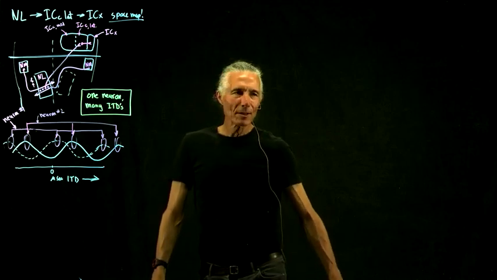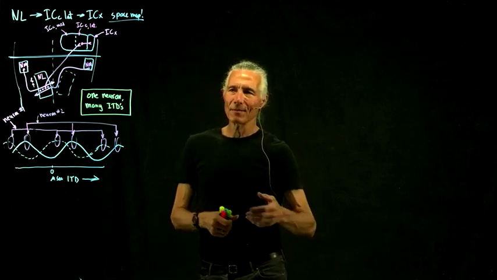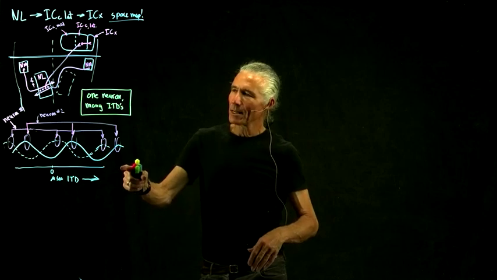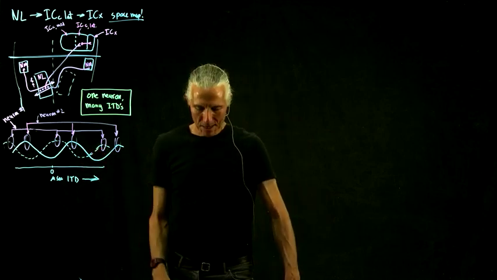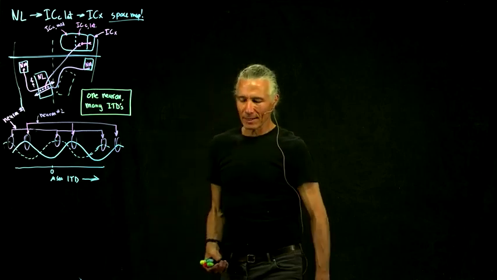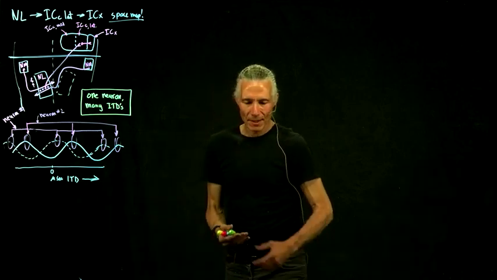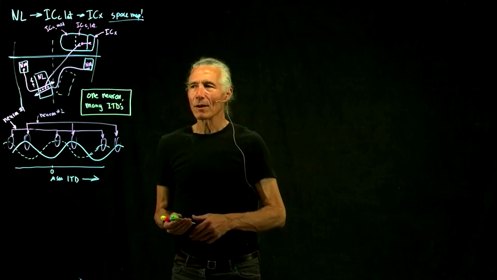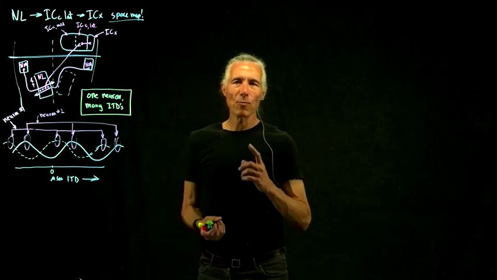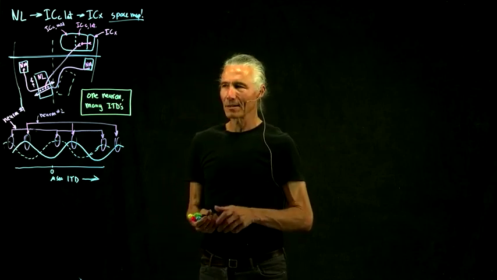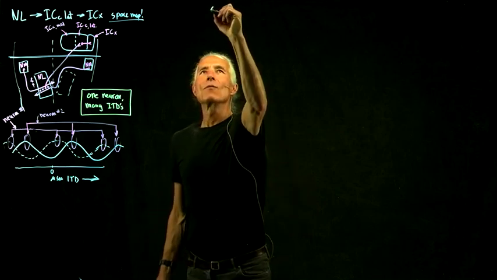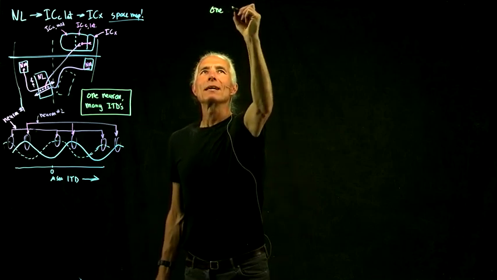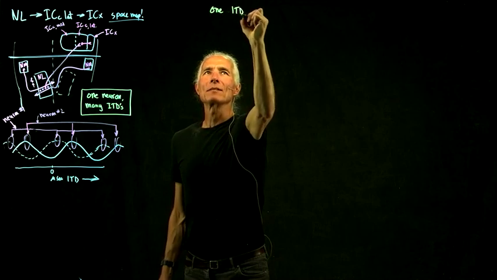And so now what we want to do is switch gears and look at the converse thing, which is, since we know that the neurons respond this way, what does it look like across the entire nucleus? So if we go across the entire nucleus and just play one ITD, it's the converse picture. So this is one ITD, one interaural time difference.